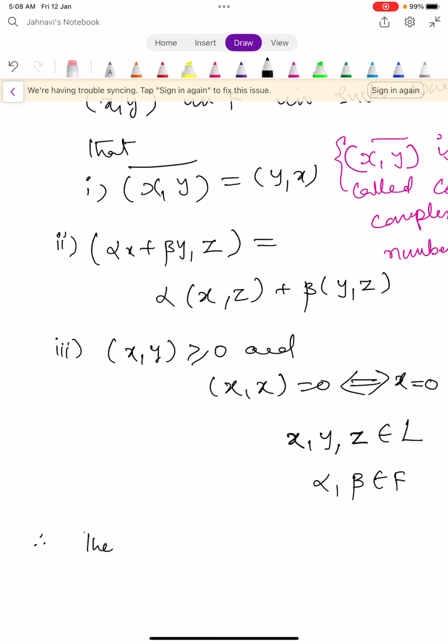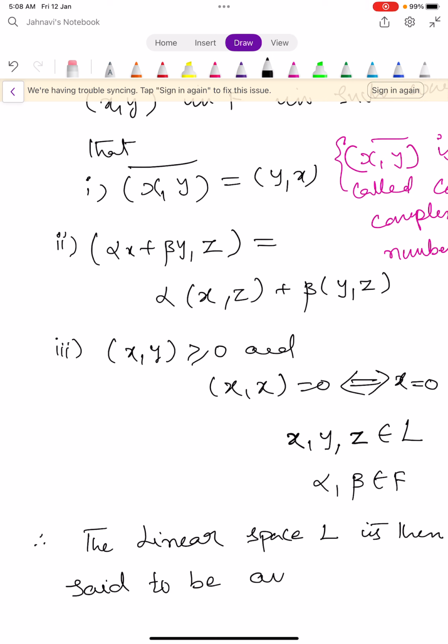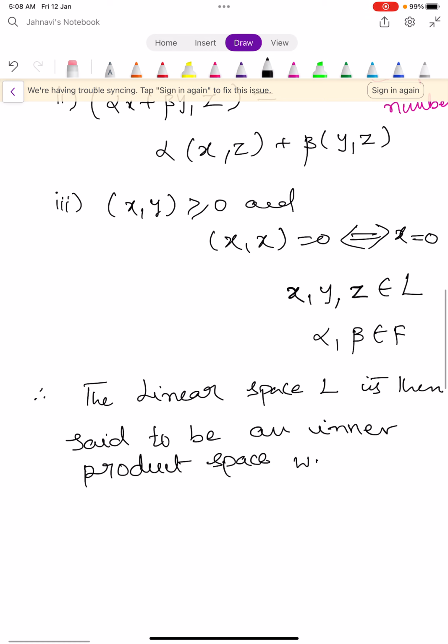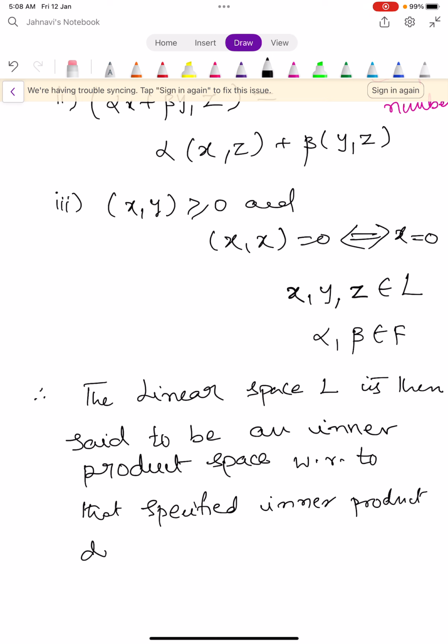Therefore, the linear space capital L is then said to be an inner product space with respect to that specified inner product defined on it.